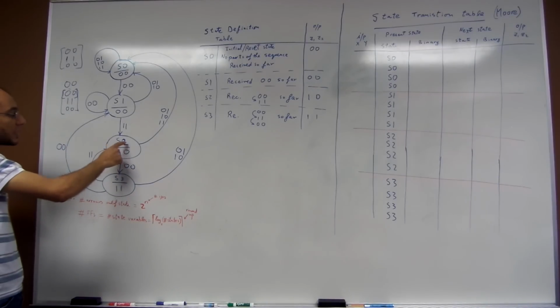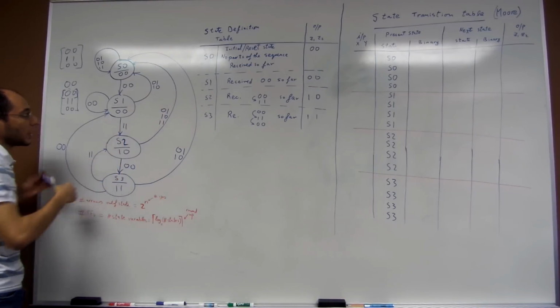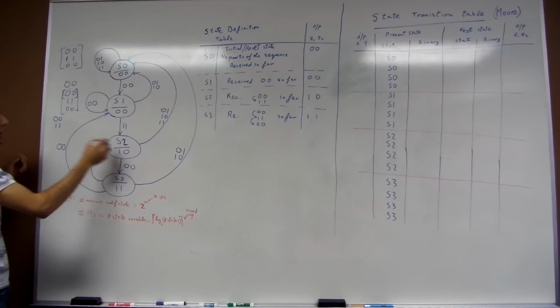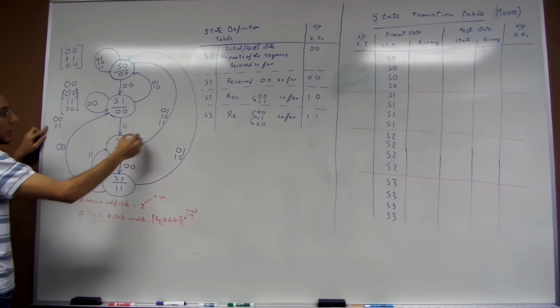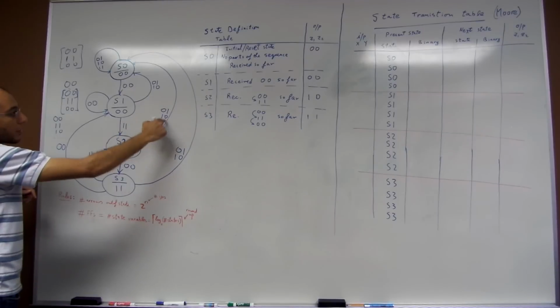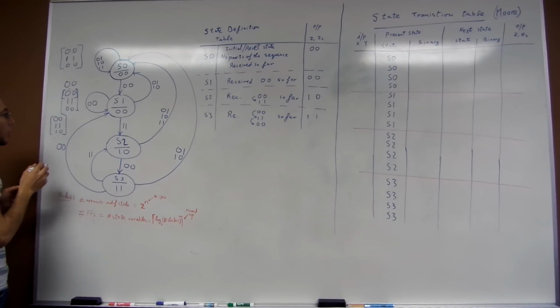While I'm at state S2, whether I receive a 0,1, 1,0, or 1,1, in all cases, 0,0,1,1 represents state S2. If I receive a 0,1, or 1,1, or 1,0, in all three cases, this does not constitute any part of the sequence.